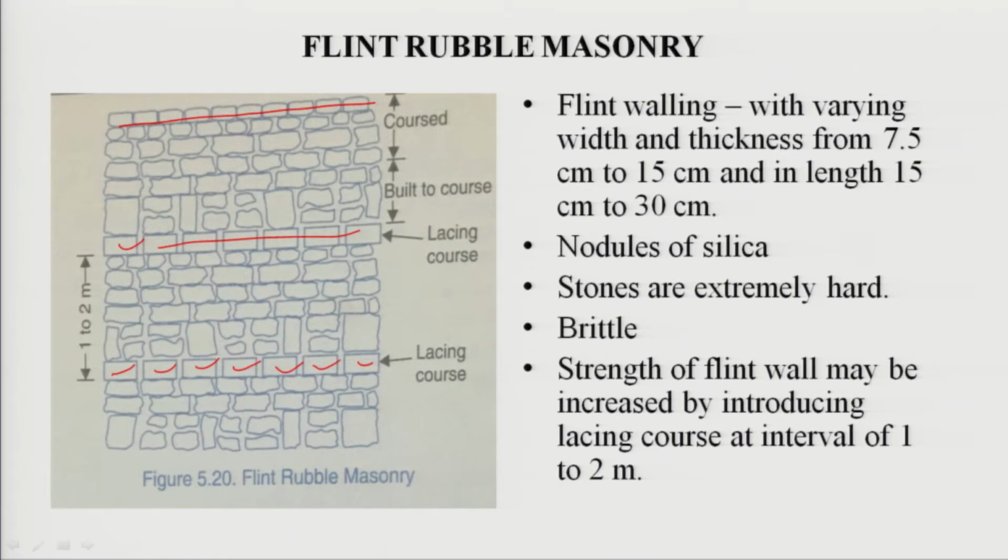We can see here between two lacing courses there may be uncoursed or coursed or built to course masonry included like this one. This is the course and this is the built to course masonry between two lacing courses.